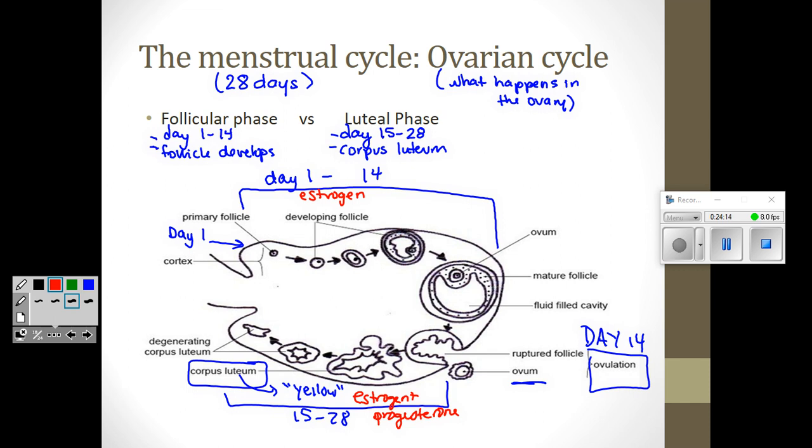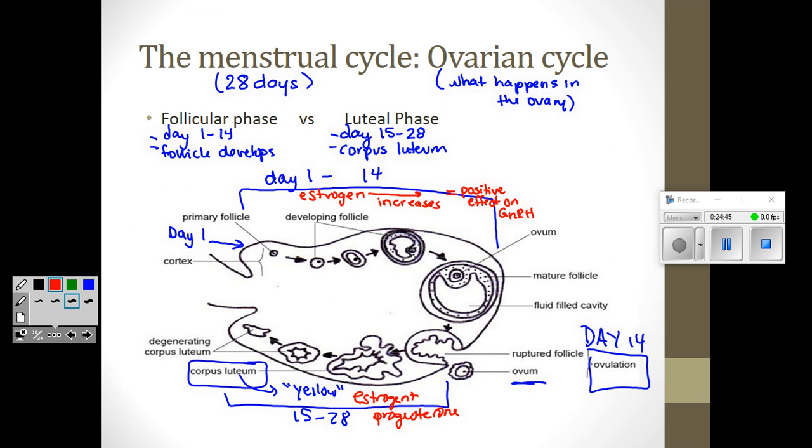And the estrogen, as its level increases, starts to have a positive effect on GnRH. When it's in lower amounts, it doesn't have this positive effect, but as it increases, because the follicle is getting bigger, there's lots of GnRH.